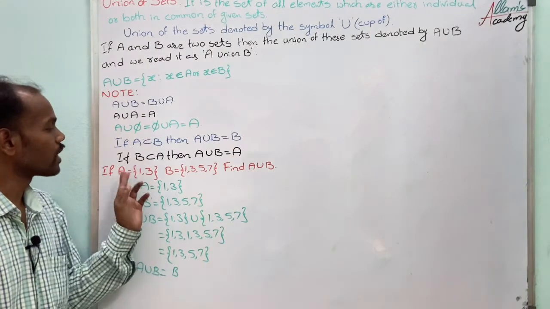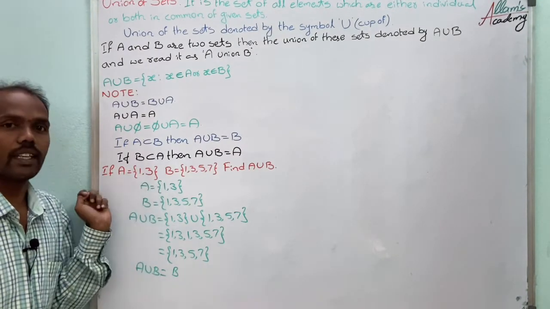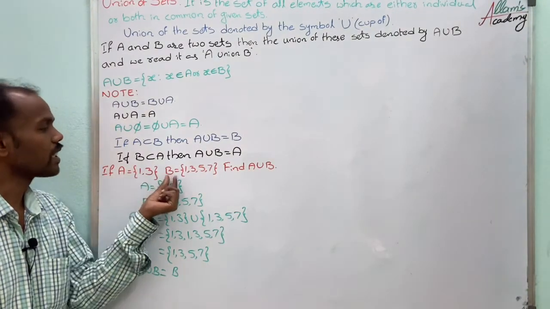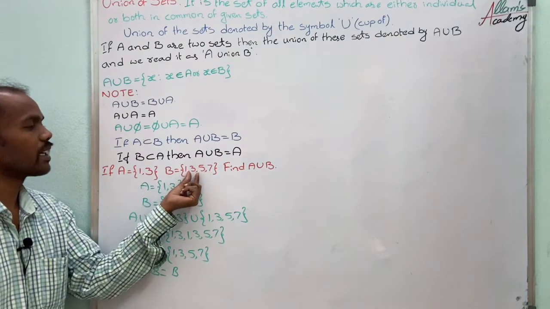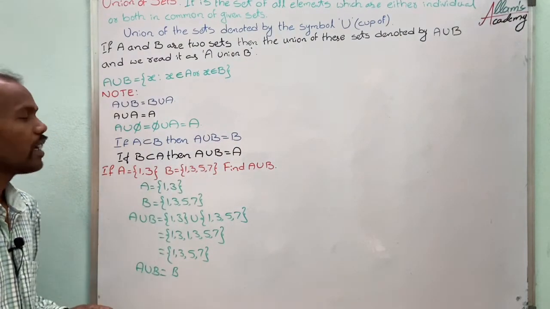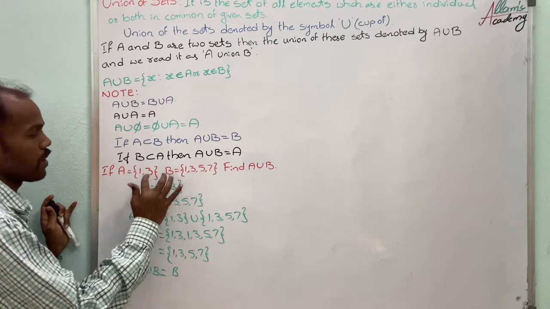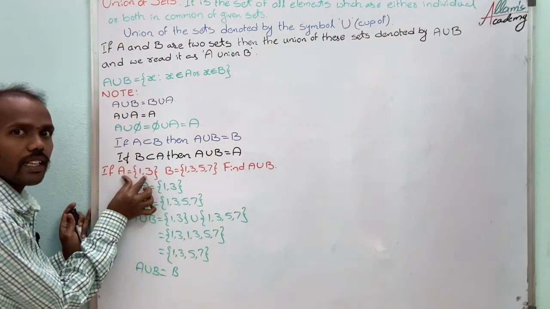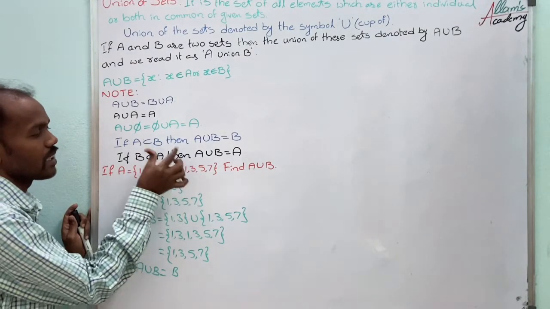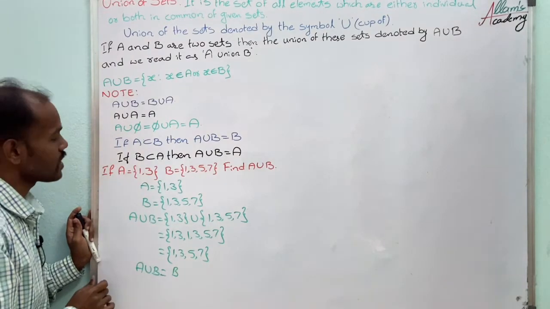Now here we observed in the question that the set A contained the elements 1, 3 and the set B contained the elements 1, 3, 5, 7. If we observe the problem, all the elements of the first set are presented in the second set.